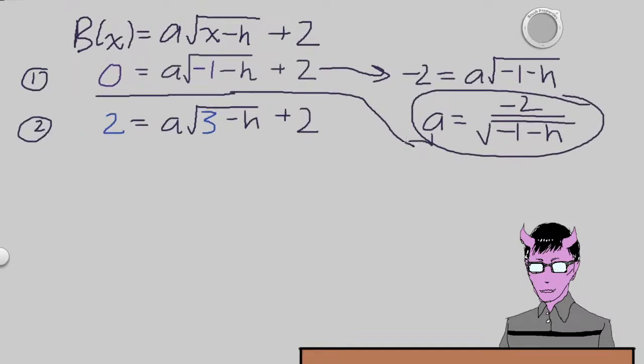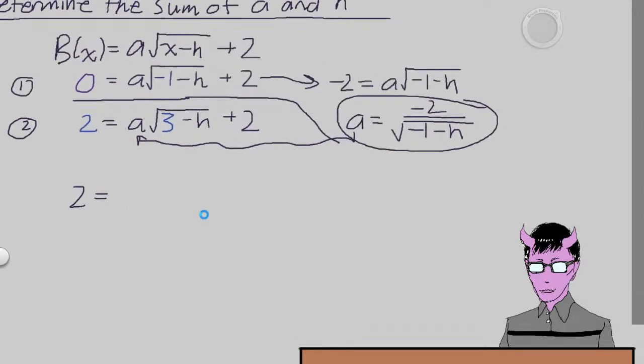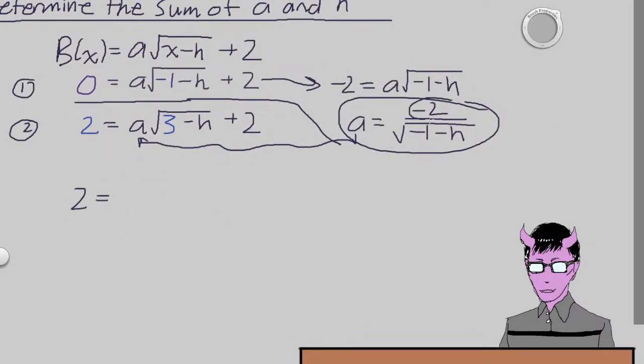So take that a, plug it in. It's going to be kind of nasty though. That's okay. So this is going to be -2 times that. 3 minus h on the top. And then in the denominator we have the square root of -1 minus h.